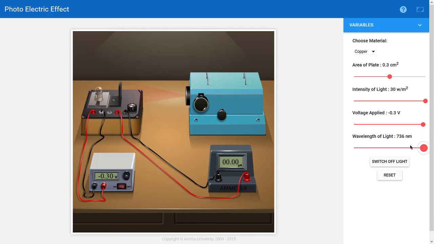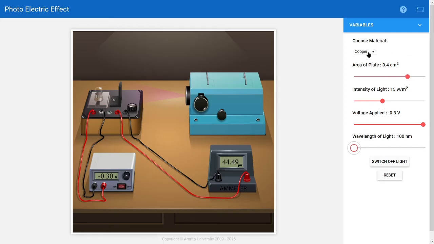So now coming to this wavelength part, what we have to do is first of all choose a particular material. For example, the default is copper, let it be copper. Now I'm selecting the area of the plate as 0.4 centimeter square, the intensity of light as 15 watt per meter square, and keeping the wavelength of the light at 100 nanometer.